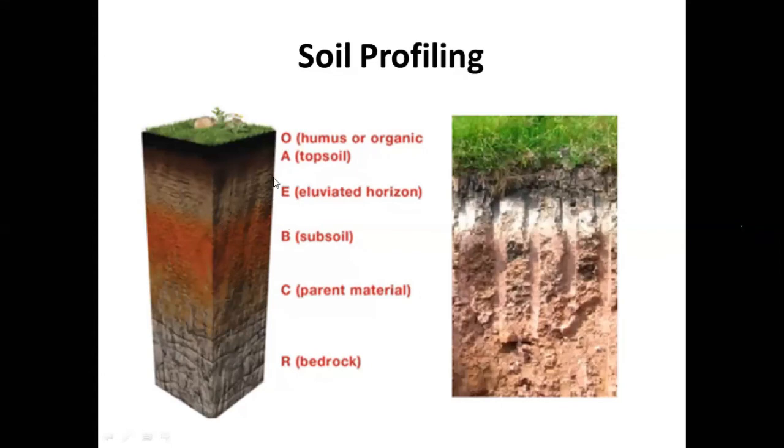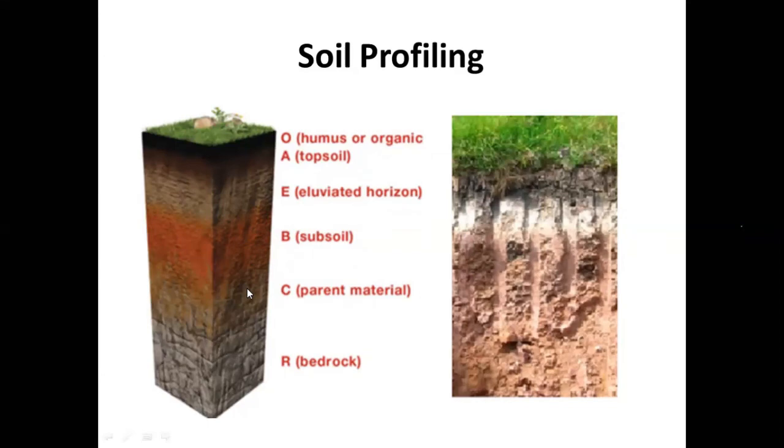That's why it becomes lighter in color while the layer below becomes darker. Now if we consider the B horizon, the clay material and mineral parts which are leached settle down in the B horizon. That's why this horizon is darker in color, and we call it the subsoil.